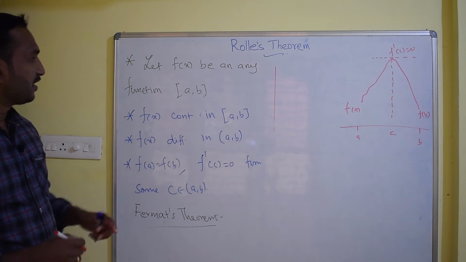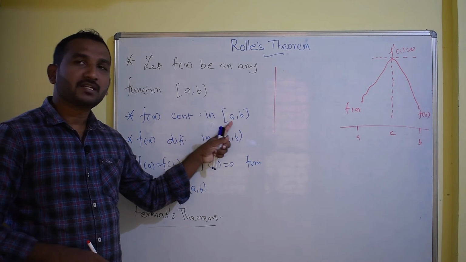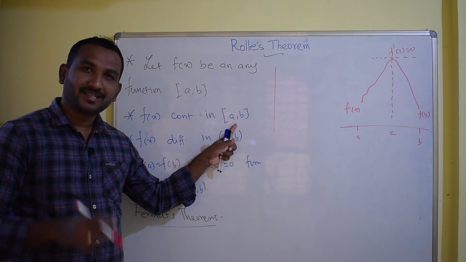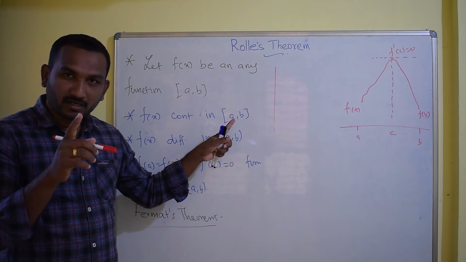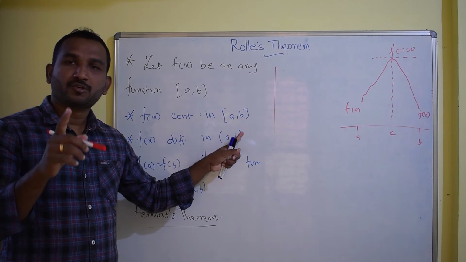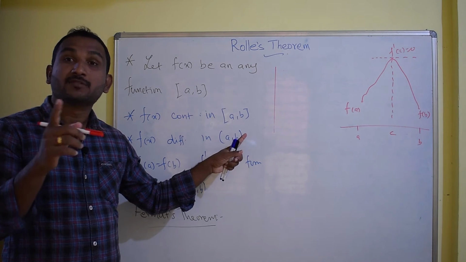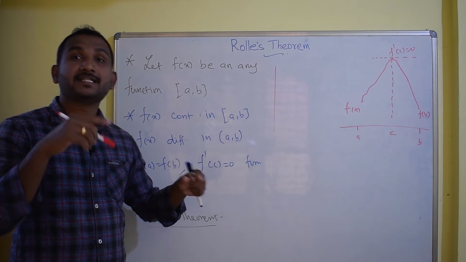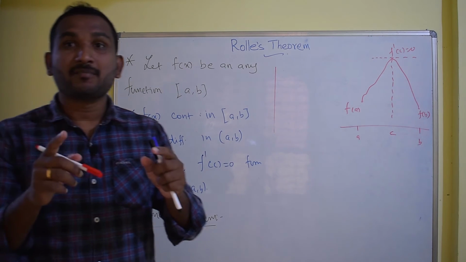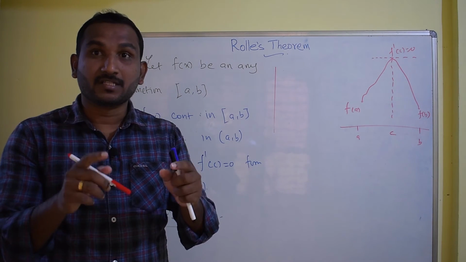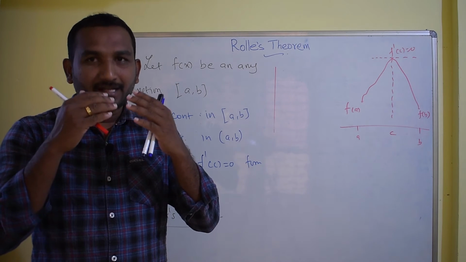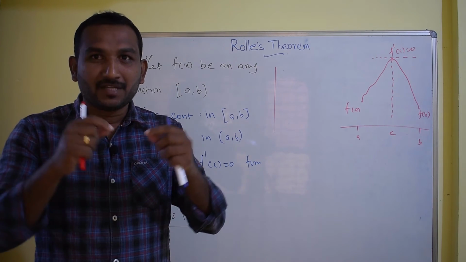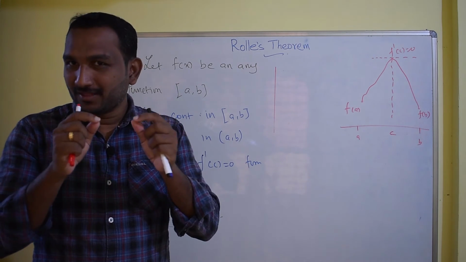So we know here f of x is continuous in the closed interval a comma b. That means the given interval should be closed as well as finite. If it is, then a compact interval exists. Once we get the compact interval, we can use the extreme value theorem.